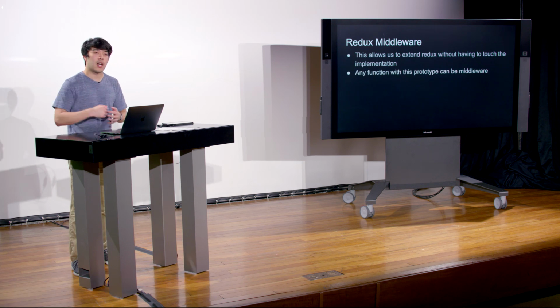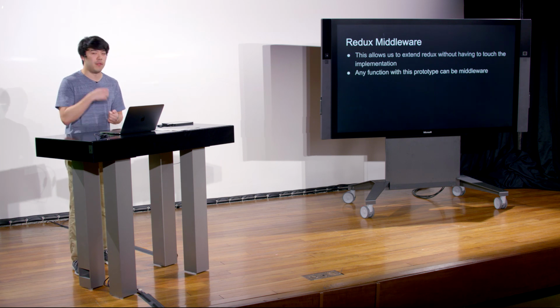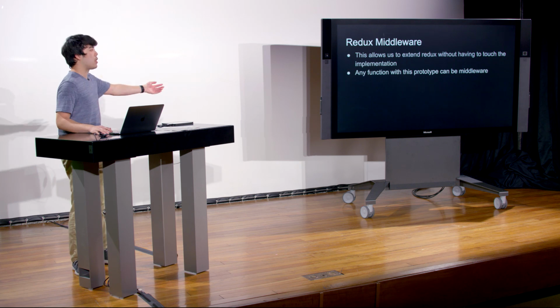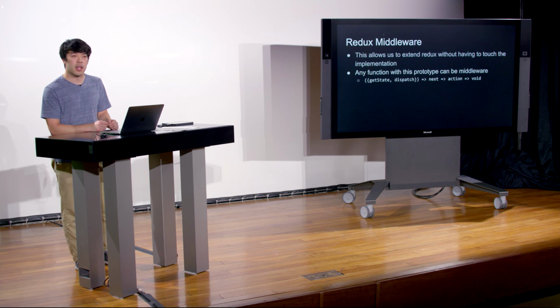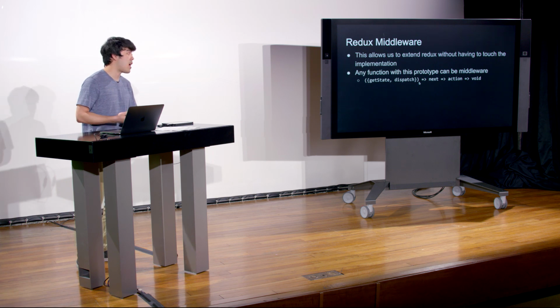So any function can actually be middleware. And what happens here is that when a new action is dispatched, it passes through all of these different middlewares before actually being dispatched. And so any function can be middleware as long as it fits a particular function prototype. And that prototype is this. We first expect an object that has a couple keys. One is getState and one is dispatch.